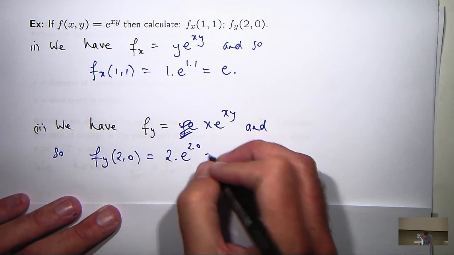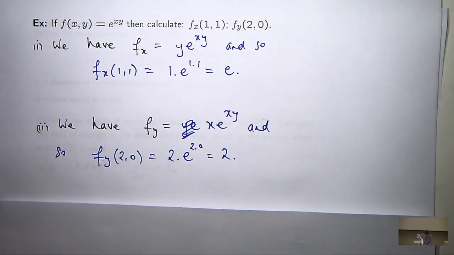So we get 2. All right, now they're pretty easy questions, but what you'll find over time is that you'll just automatically differentiate in your head, basically. Once you've got the process down pat, it doesn't take that long.